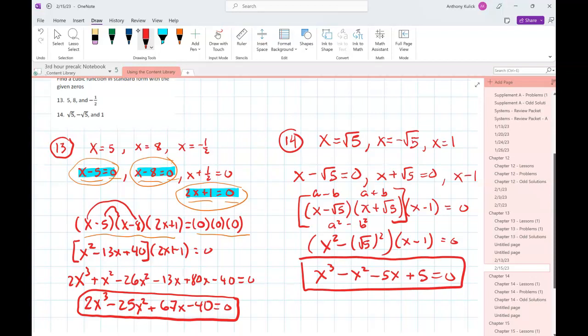Because they cancel each other out. Exactly right. So I really had x squared minus 5 times x minus 1, and that's what I FOILed out below. Does that feel okay? I'm aiming for more sense, not all the details, but give me the sense.